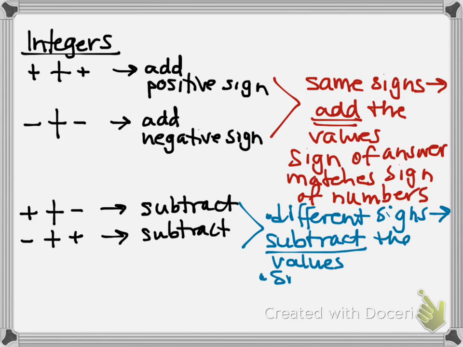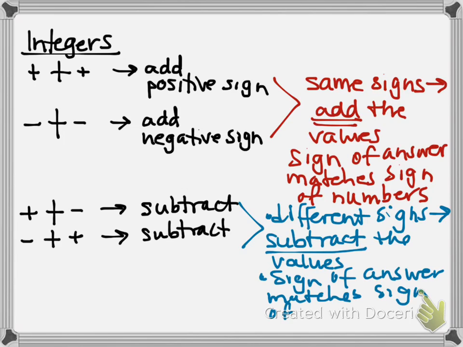And then the sign of the answer matches the sign of the larger number, not value, of the larger number. Larger value would include the sign, so we're actually thinking about absolute value at that point. Whoever has the larger absolute value would be considered the larger number.